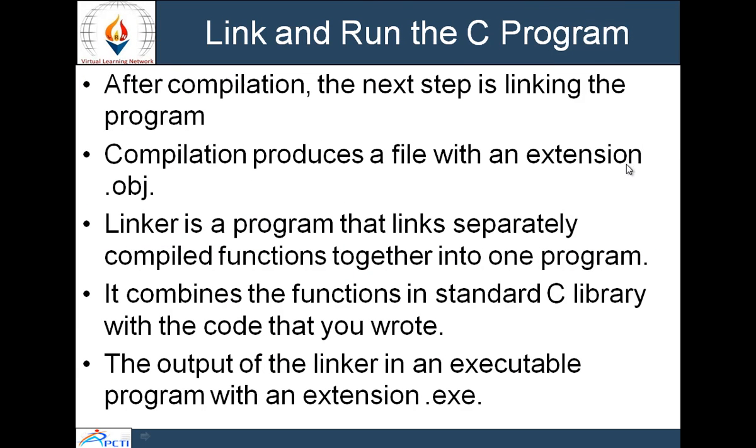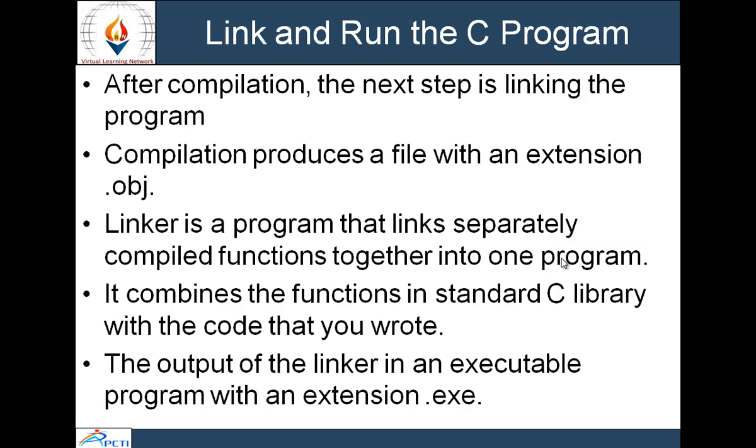Link and run the C program. After compilation, the next step is linking the program. The compilation process produces a file with extension .obj, that is the object file. Linker is a program that links separately compiled functions together into one program.